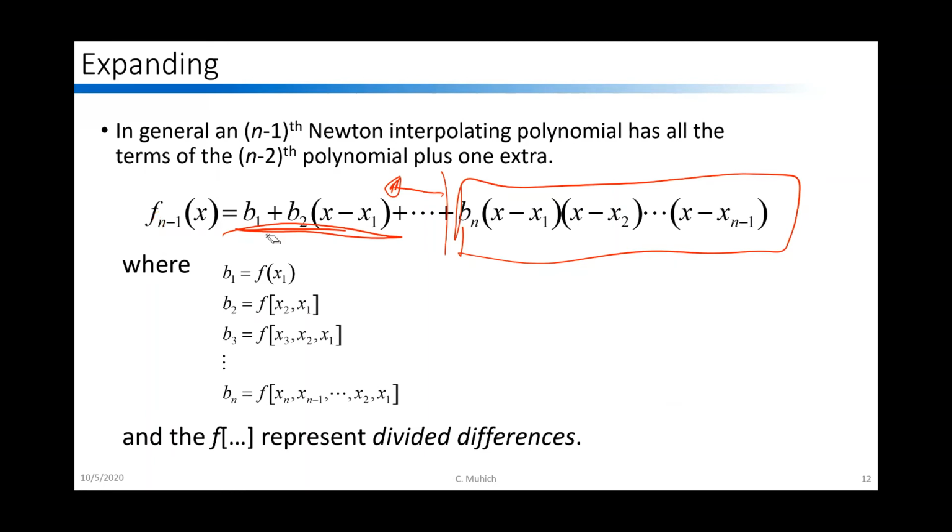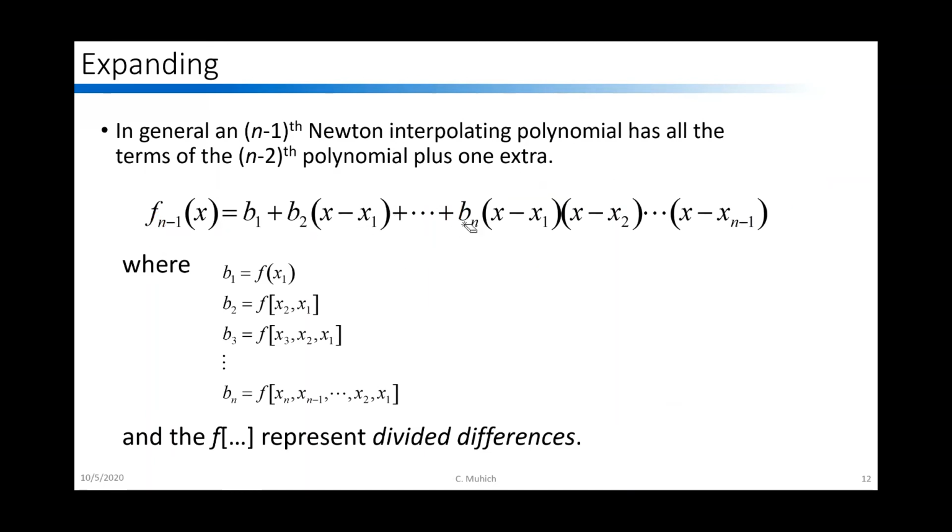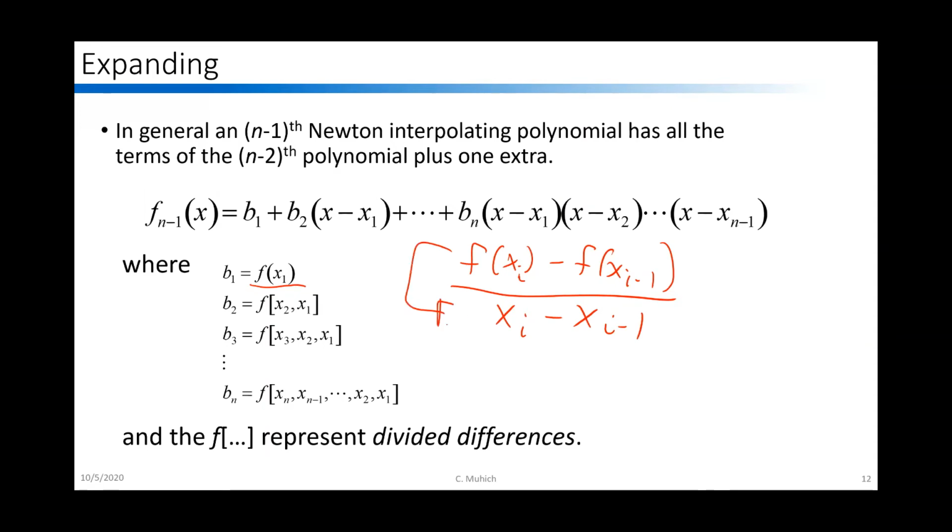In each of these cases, our b's, which we had set as some function of x's, and we saw in the previous slide, are actually divided differences, right? I take my f of xi minus f of xi minus 1 and put that over xi minus xi minus 1. I'm taking divisions of these differences.